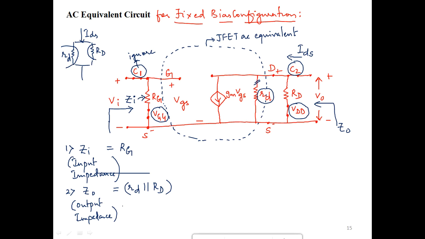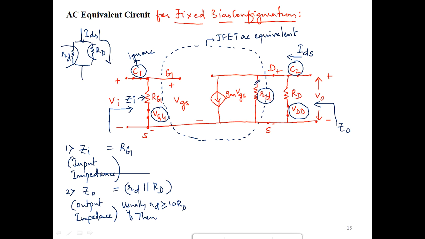Your textbook says, usually if small rd is greater than 10 times capital Rd, then in which path does the current flow? The current always follows the least resistance path.